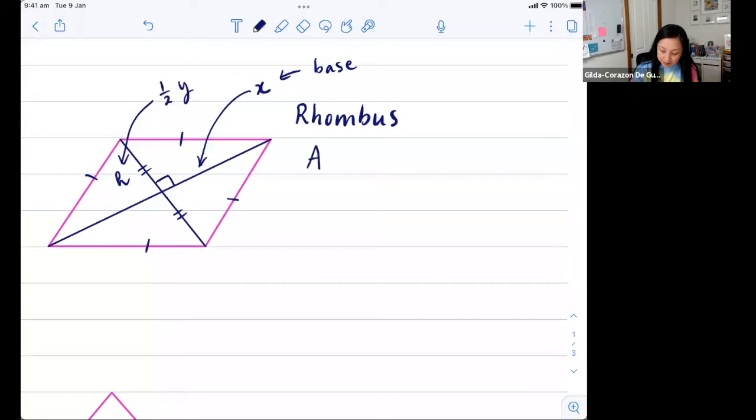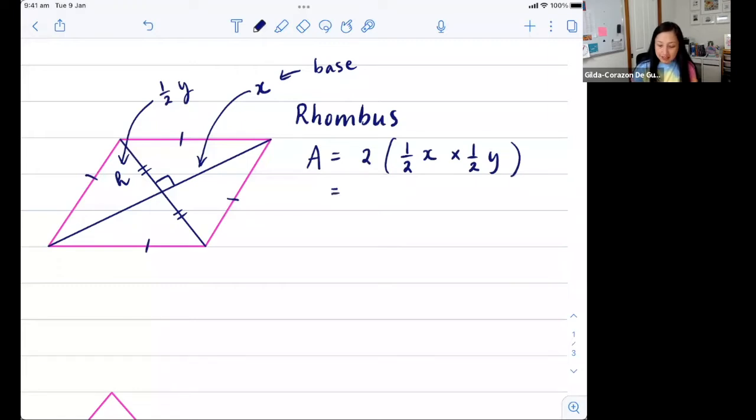The area would be half. What was our base? That was x. And what was our height? That was half times y, right? And we said since the top triangle is equal to the bottom triangle, then we just need to double that, yeah?